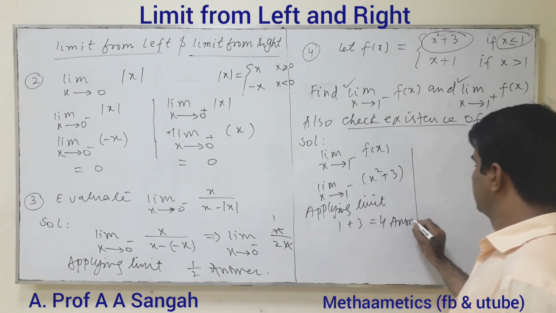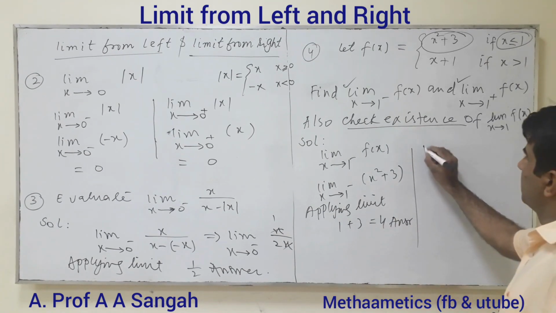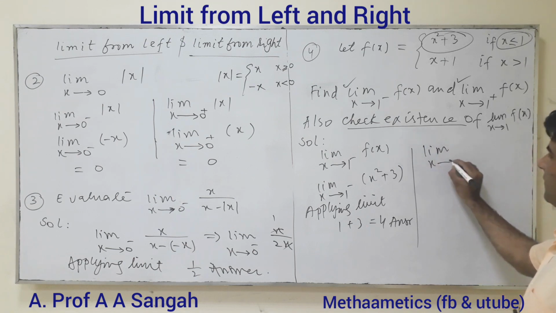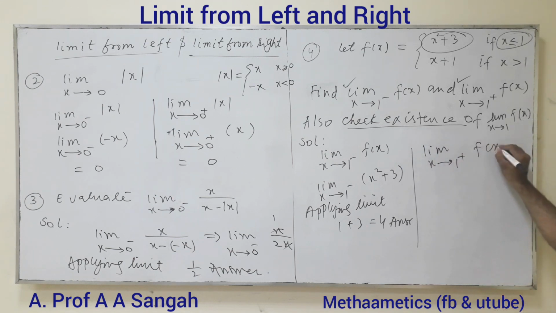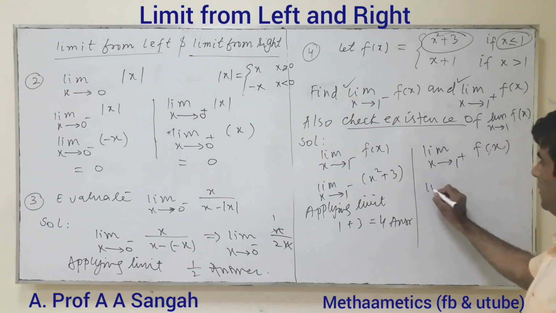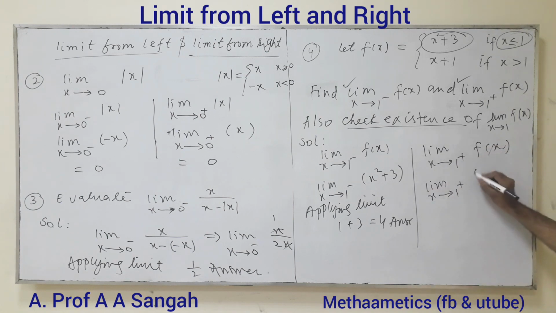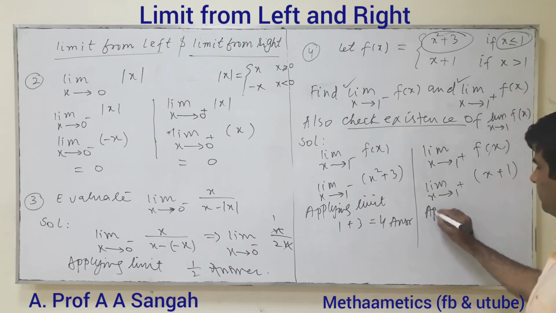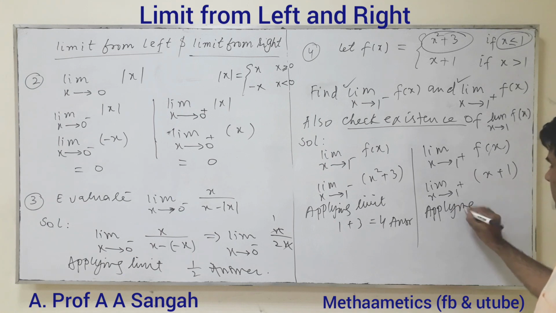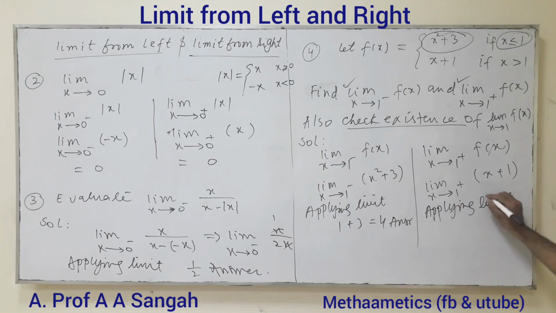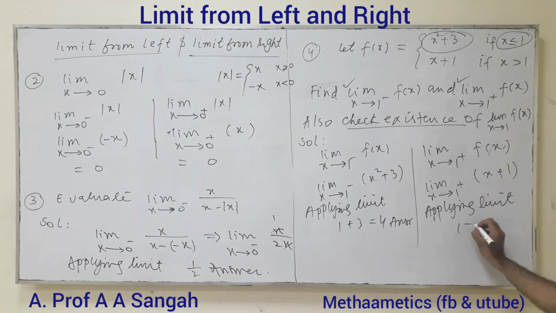That's the answer. And the right hand limit, x tends to 1 from the right hand side of the function, we have x plus 1. Applying the limit, we have 1 plus 1 equal to 2.